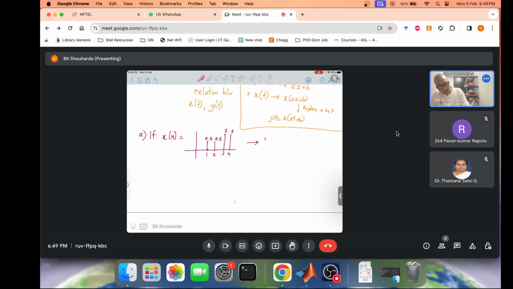Now the same, when you get the output y of n, it is all zeros. Okay, all of them are zeros, and in this case also, except 1 2 3 4, the rest of the entries are all zeros.